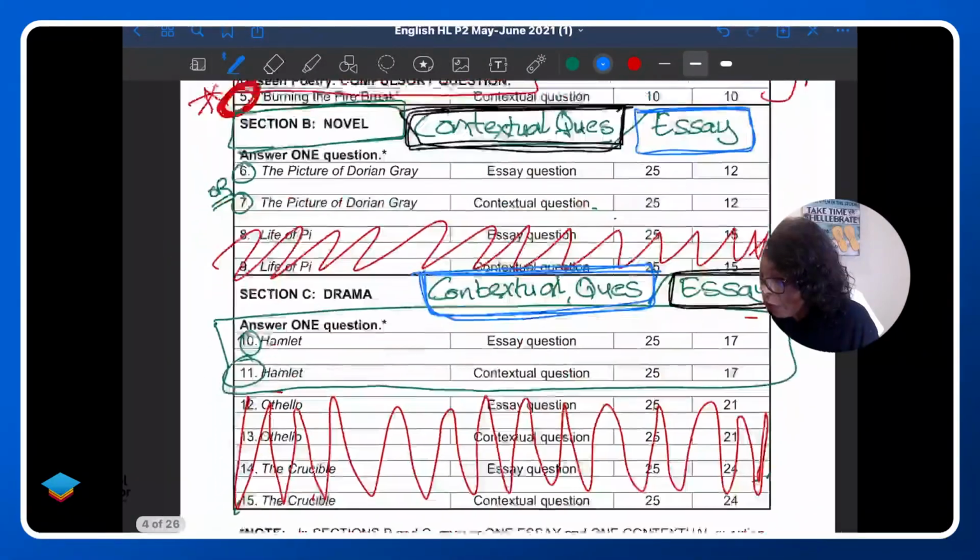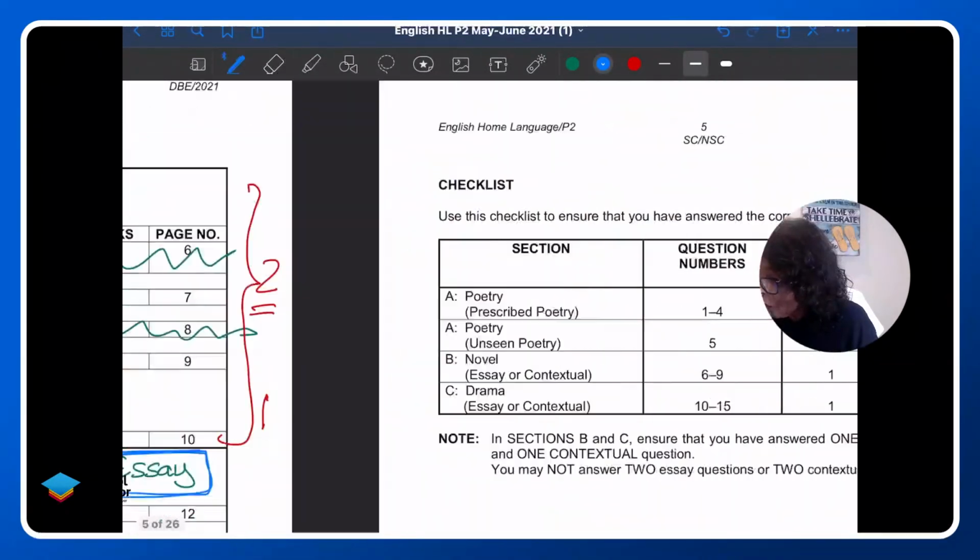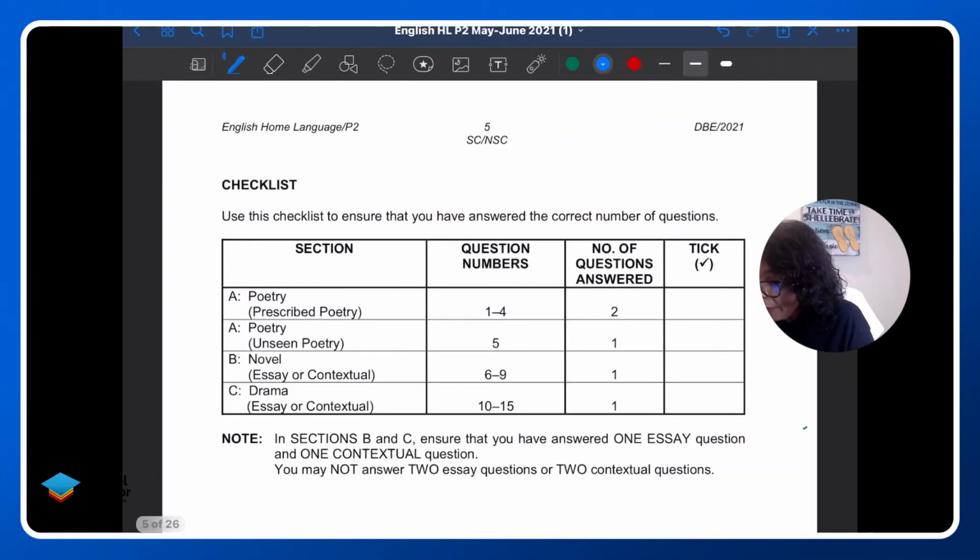So yes, after all this mess, you can see the checklist. Poetry: you must answer 2 questions. You make your selection and then you answer those 2 questions. You must do the unseen poem, right? And then when you get to the novel, you must decide, right? I have decided to do the contextual question for the novel.